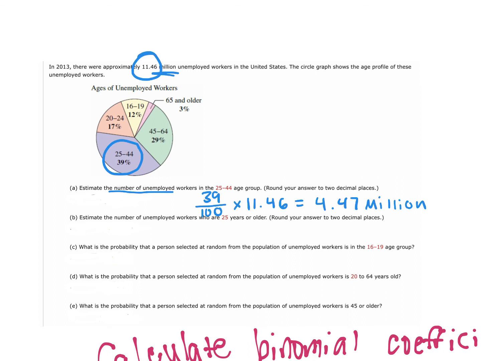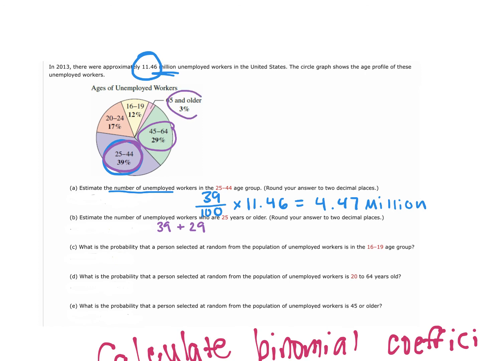All right, next. Estimate the number of unemployed workers who are 25 years or older. So we're doing the same thing, but we're looking at more pieces of our pie here. So we have 25 to 44 is 39%. 45 to 64 is 29%.